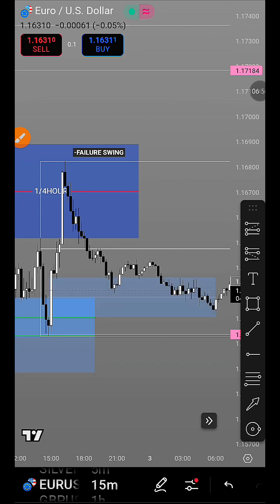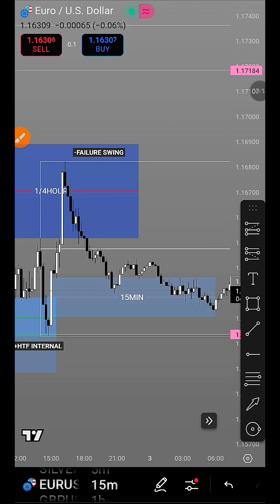So what you want to do, let me rather say, is you want to be patient. You want to see price trade into discount or premium, so that you can observe which PD arrays are being respected.